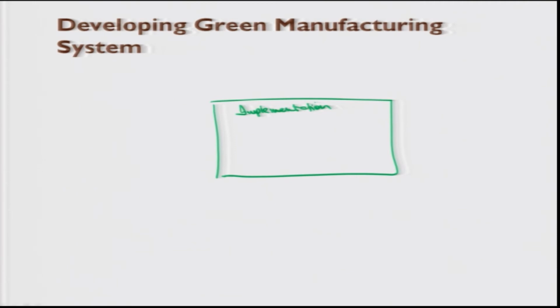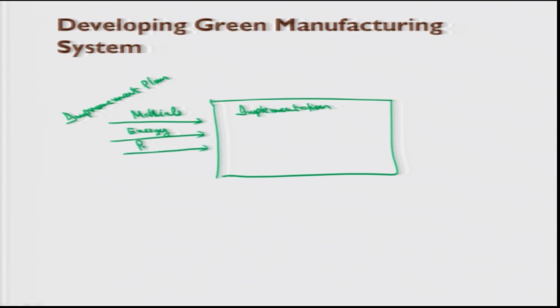Now, in implementation, the output of the previous step would be an input to this. So we have improvement plans: an improvement plan for materials, for energy, for processes, and for technology.